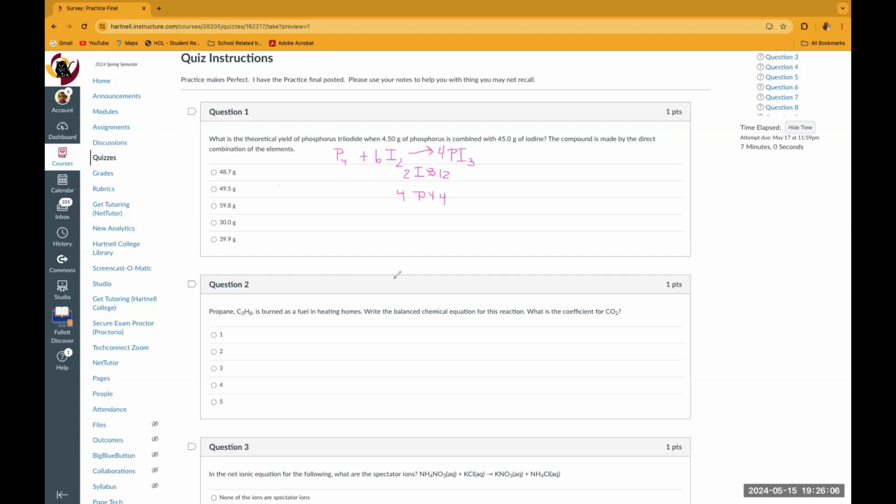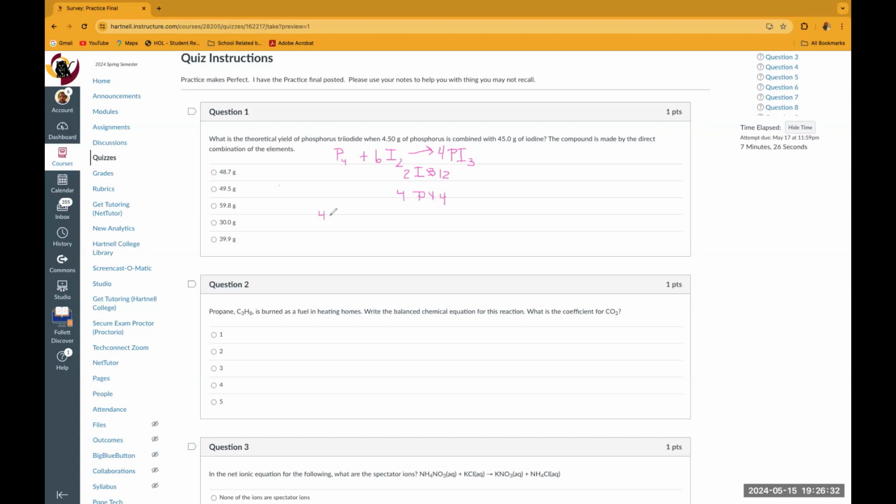Find out how much phosphorus triiodide you can make for each of those masses of 4.50 grams of phosphorus and 45 grams of iodine. Okay, that is correct. So you can use 4.50 grams of phosphorus and then use the molar mass to find the moles for that one.